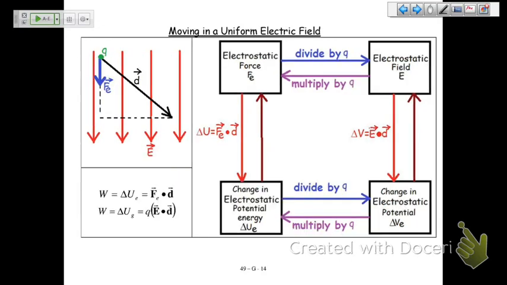Can do electrostatically. I'm just going to say, oh, in that case then my work is equal to my change in electrical potential energy, which equals my vector electrical force dotted with my displacement. Just the same. If I remember that my electrical force is equal to the charge times my electrical field, I even get that next little wrinkle. Yeah?